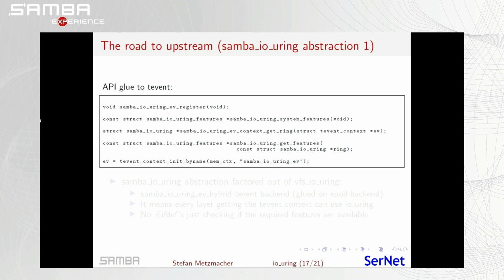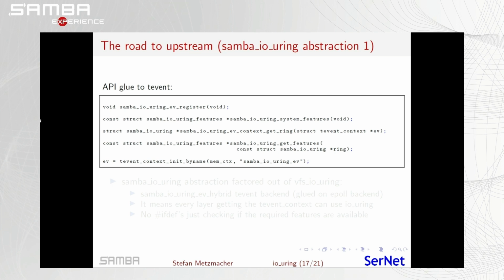Then the next idea is to have a Samba io_uring abstraction, which is able to allow us to have more or less ifdef-less code in Samba. So we will have an event register function that checks in the system, is io_uring available at all?